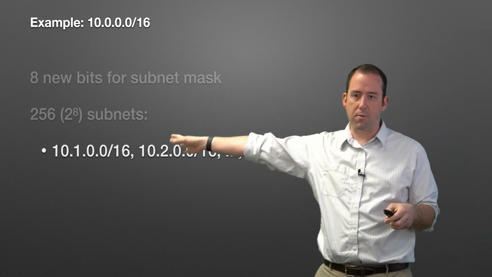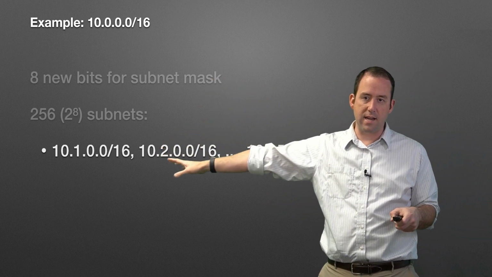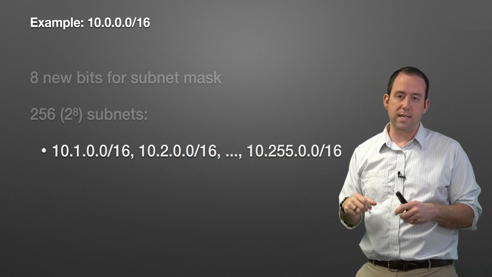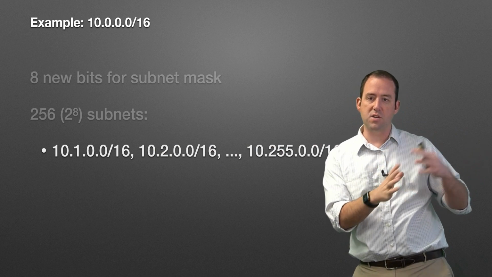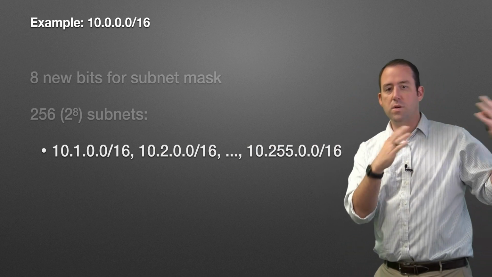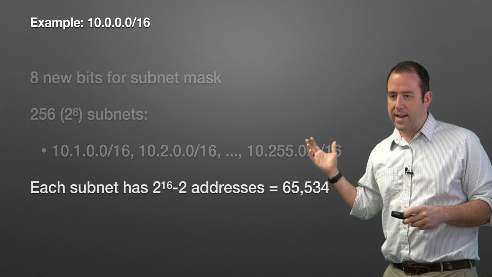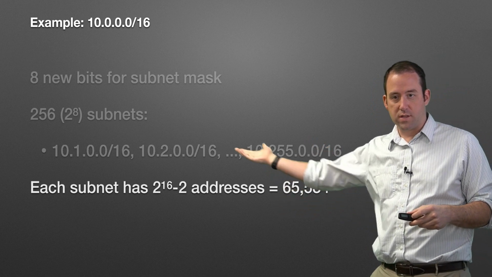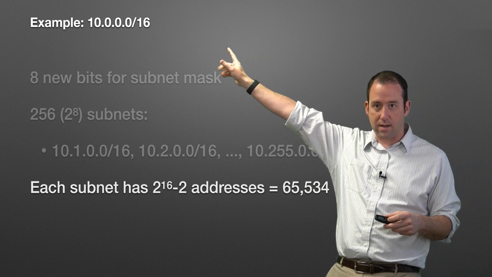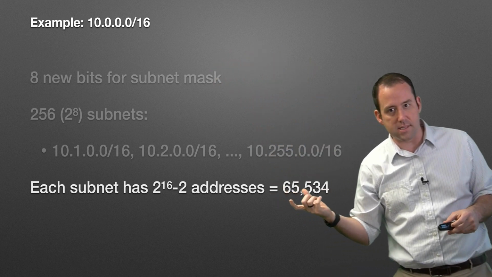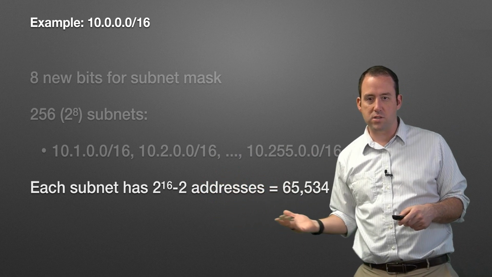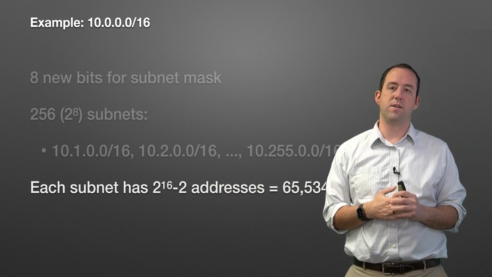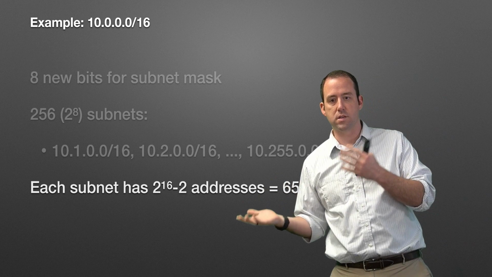So we can have one network somewhere in our network that is 10.1.0.0/16 and have a whole bunch of devices on there. And then somewhere else in the network, we can have 10.2.0.0/16 with a whole bunch of devices on there. And each of those subnets can have 2 to the 16th, because we have 16 network bits now. That means that leaves 16 host bits, which means that we can have 2 to the 16th minus 2, which is 65,534 hosts on those networks.